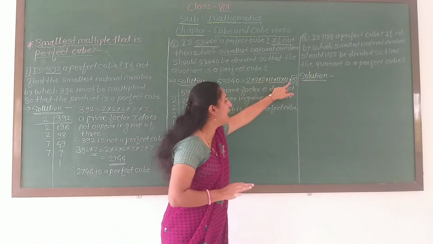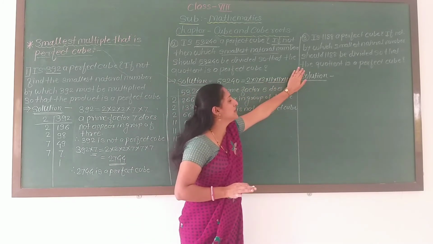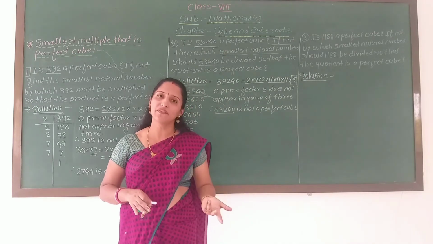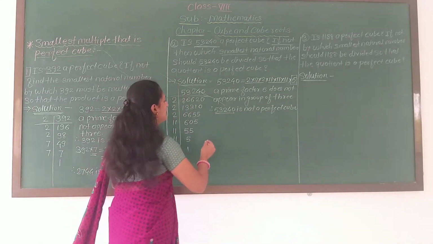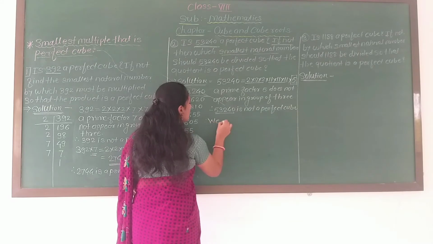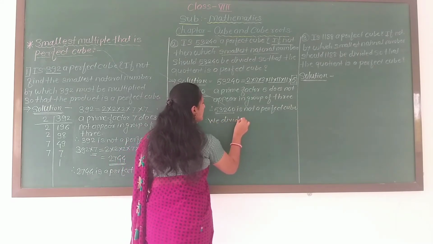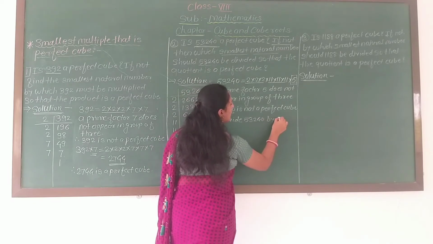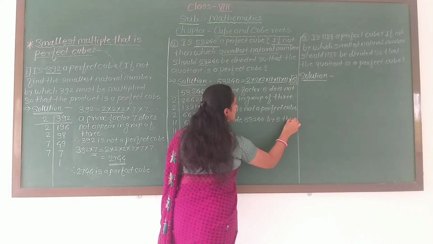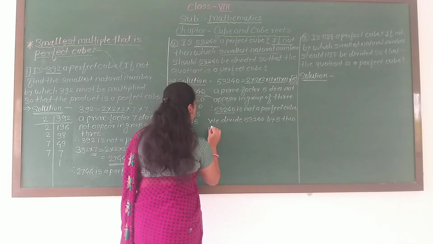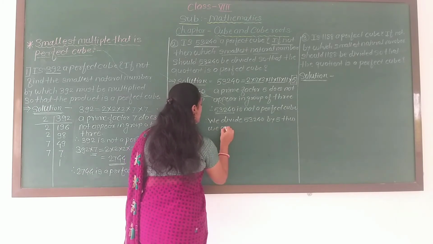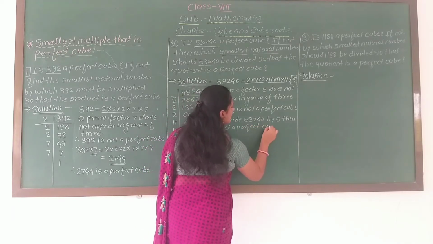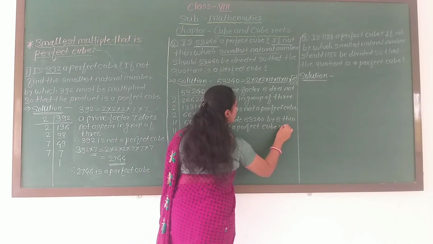So when we divide this number by 5, the 5 will be cancelled and we get a number which is a perfect cube. So we divide 53,240 by 5, then we get a perfect cube number.